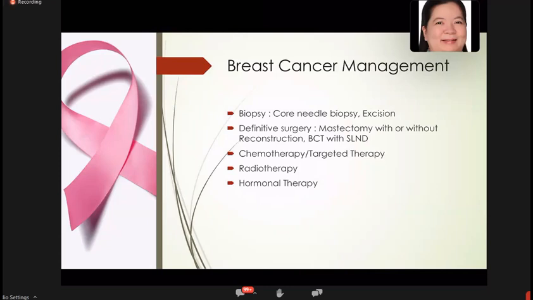If there's no lymph node involvement, they can go away with the complete axillary dissection. Kasi nga, we wanted to decrease the morbidity ng lymphedema because of the axillary dissection.